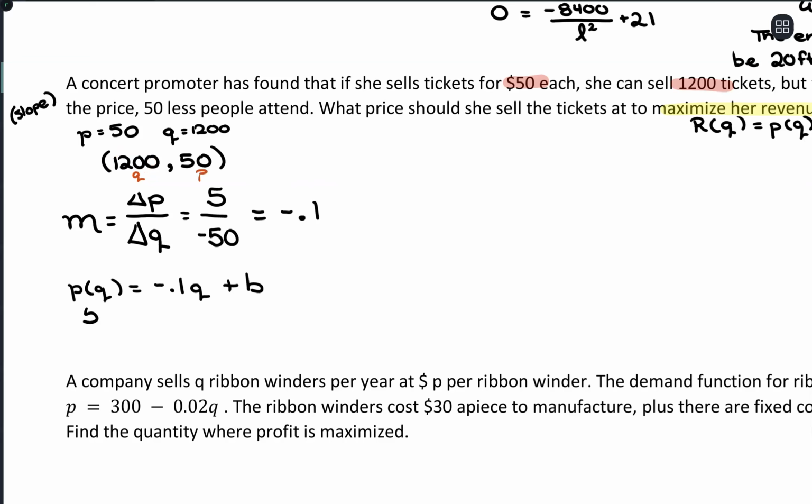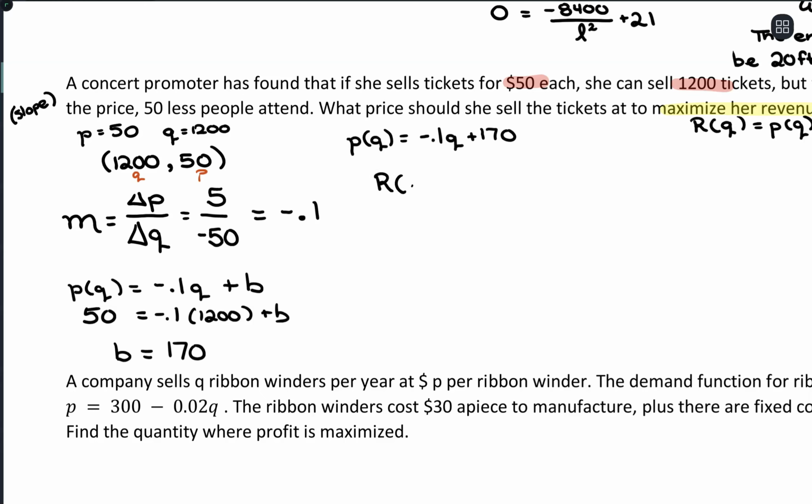A price of 50 equals negative 0.1 times 1,200 plus B. Then we just solve for B, which is going to be 170. So our price function, P of Q, is going to be equal to negative 0.1 Q plus 170.